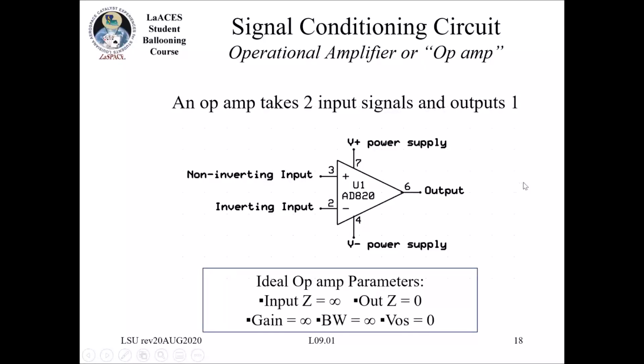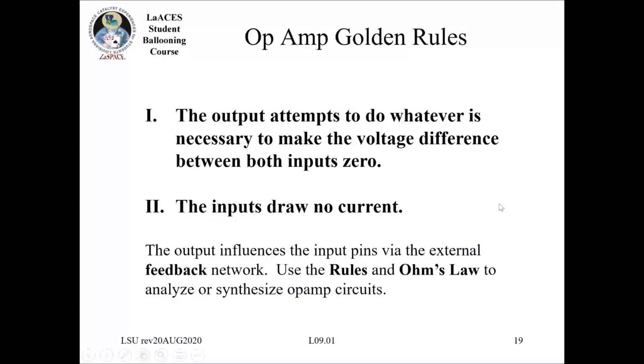Normally, without any additional signal conditioning, if the voltage at pin 3 is higher than pin 2, it'll output the voltage at pin 3 on the output. Vice versa, if input 2 is higher than input 3, it will output the signal at 2. And you'll have some power conditioning, but that is whenever it's being used as a comparator. There is a better use for this, however, that we will see.